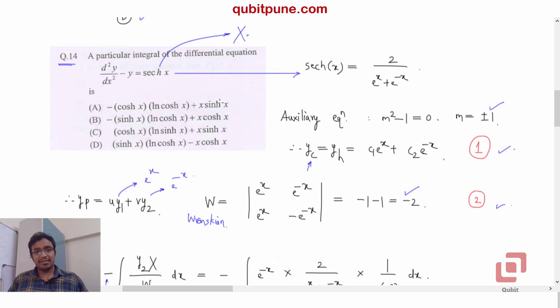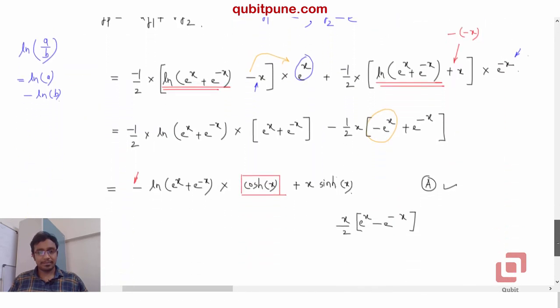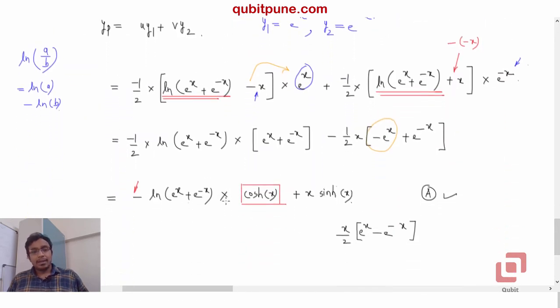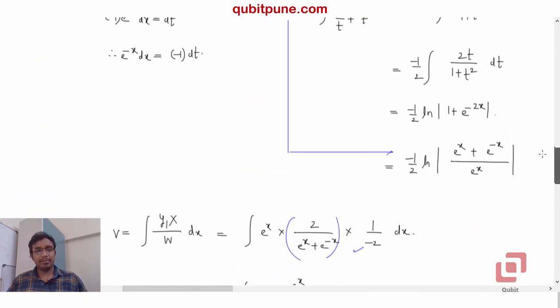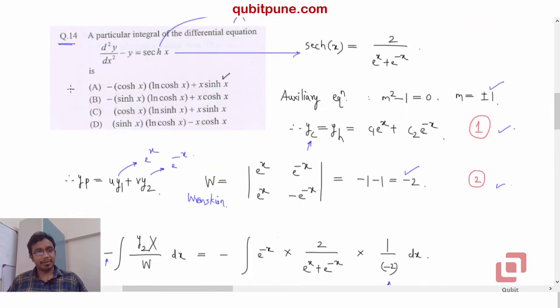Option A, yeah, so it is x sinh of x here, ln cosh of x, and that's basically the same that we have got here. We can adjust the terms, and then negative ln e to the power x plus e to the power minus x. So that completes the solution, and the correct option is option A.